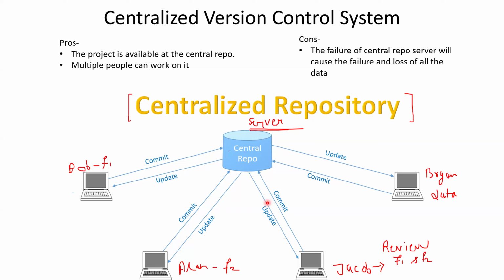Maybe a fire broke out, maybe some natural disaster, some functional issue, anything can happen with this central repo. In that case, we will not be able to get anything and everything will be lost.